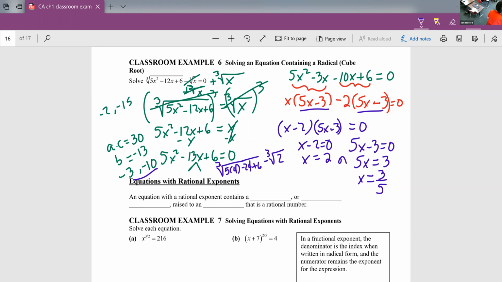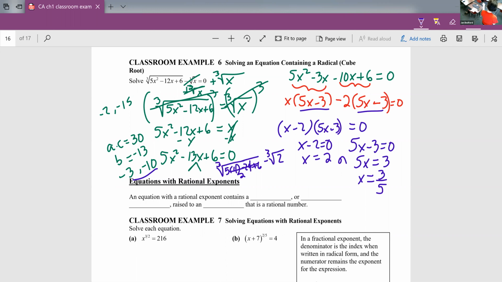Now, 5 times 4 is what? 20. And what's 20 minus 24? -4. What's a -4 plus 6? It's 2.